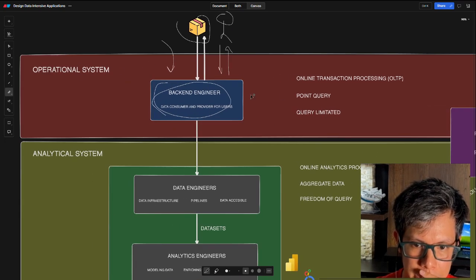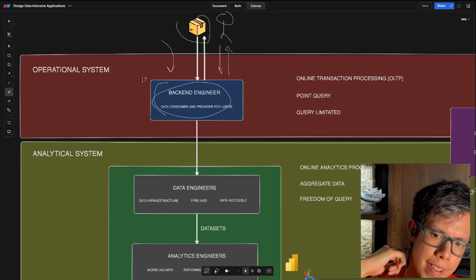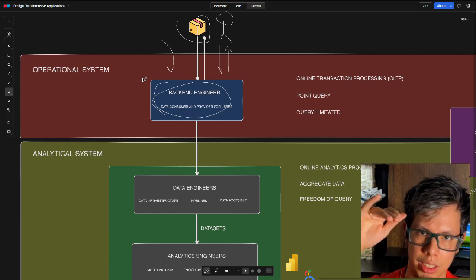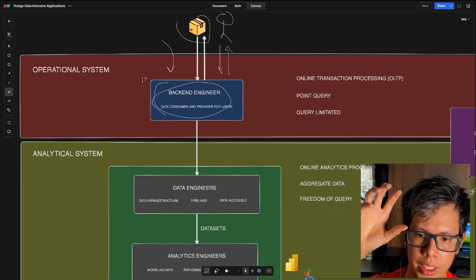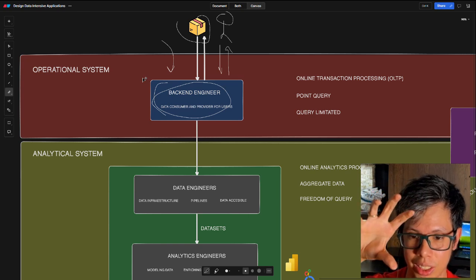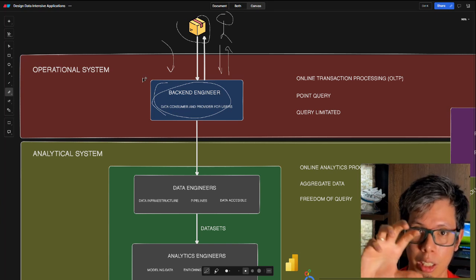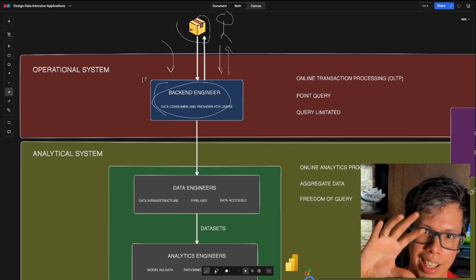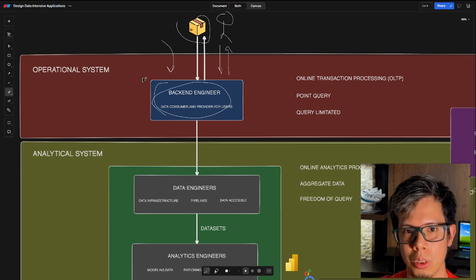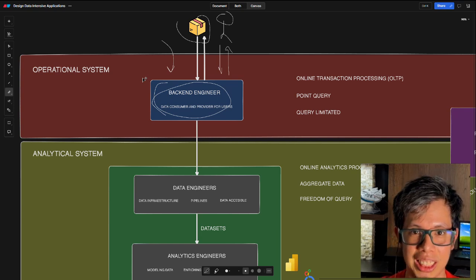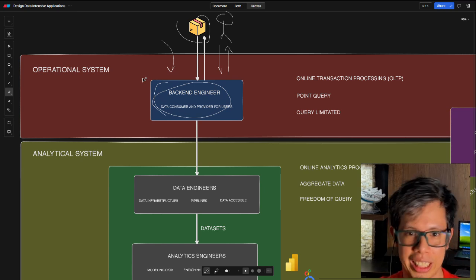that the database for the operational system layer is called online transaction processing, or OLTP. You have to know that the reason for the word transaction in this kind of database is that in the early times the database was created to record transactions about salaries and other kinds of data, right?